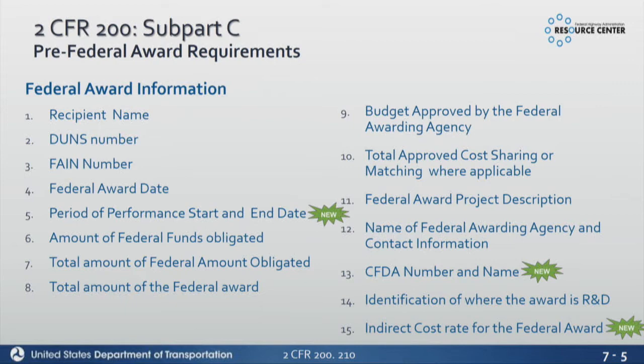So one of the requirements is we can't advance or approve a project unless it's identified in your State Transportation Improvement Program and your TIPs. There are some exceptions. Planning projects don't need to be in there. ER projects don't need to be in there. But every other project should be in the STIP, and if it's not in there, we can't authorize it. So that's what number 9 is.